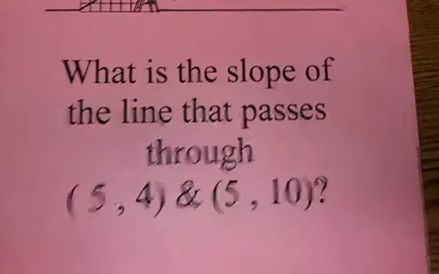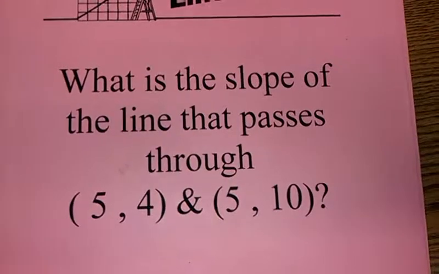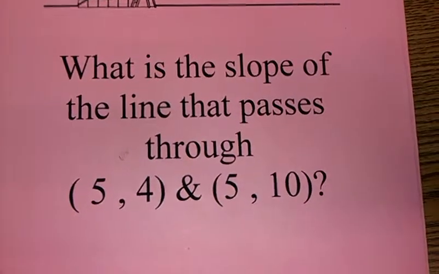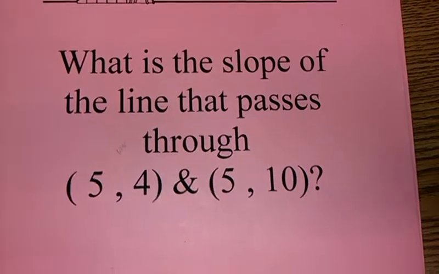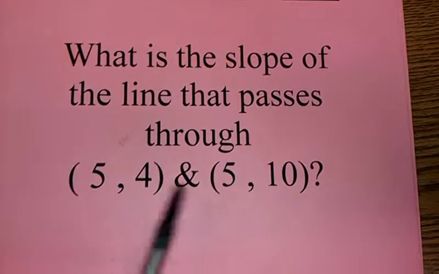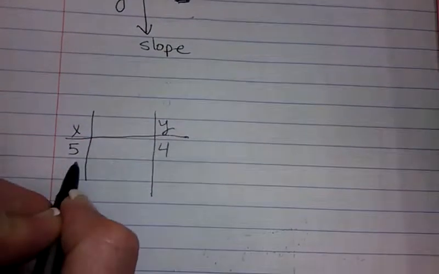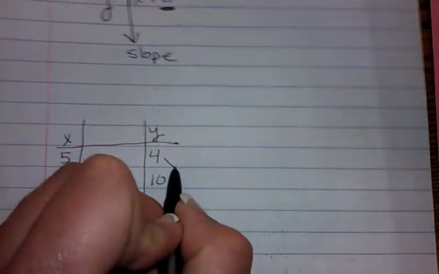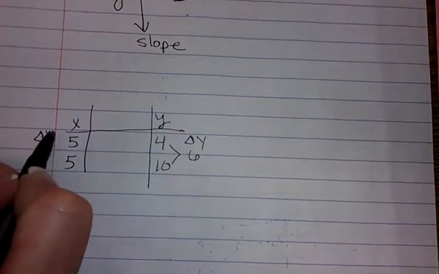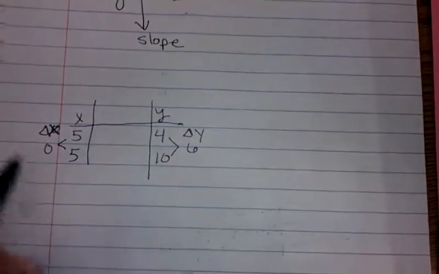The next question says, what is the slope of the line that passes through (5, 4) and (5, 10)? Well, if you notice something when we're building the table, look how the x's are the same. You can build a table, but you're going to find out that delta y over delta x is 0. See, because I go x and y, 5, 4, 5, 10. Right here, delta y is 6. Delta x, whoops, is 0.